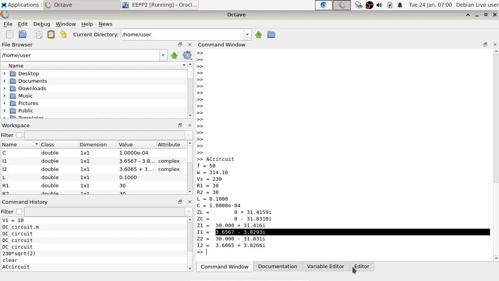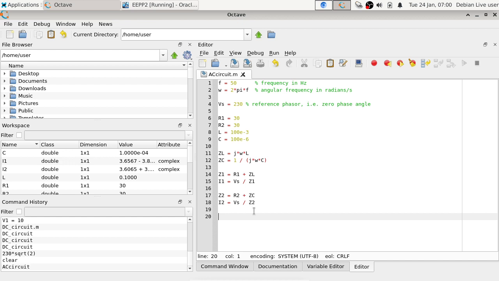And what I'm going to do is add in some extra lines in here. So I'm going to say, what is the absolute value of I1? So that's going to tell us the magnitude of I1. Now that's going to be an RMS magnitude. So in order to get the peak magnitude, let's call this I1 RMS, is the absolute value of the phasor.